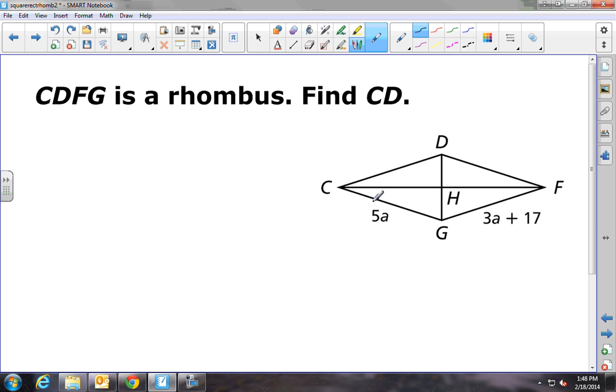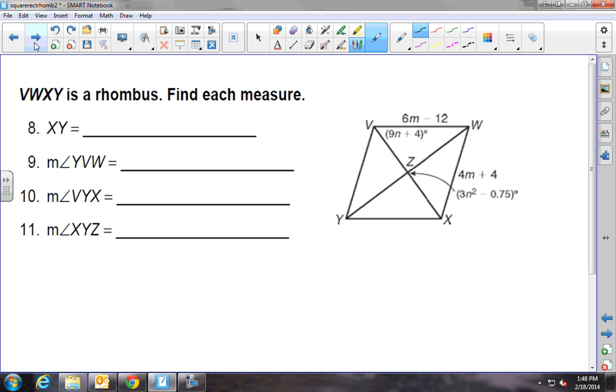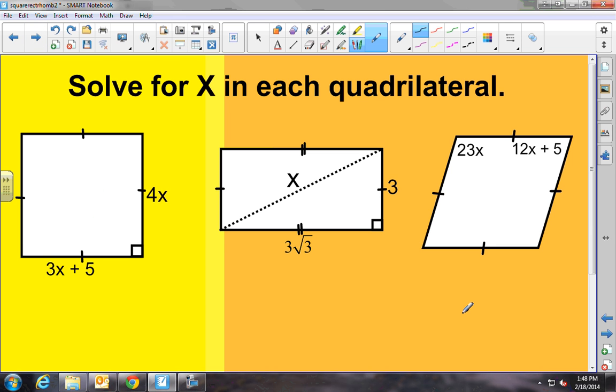Here's another one. We know the sides are congruent on a rhombus, so set those equal to each other. Okay, here's one for each one of the shapes. Of course, you've got to know that the sides of all squares are all congruent, so set these equal. Over here, you got to know that this is a right angle, so we can use the Pythagorean theorem.